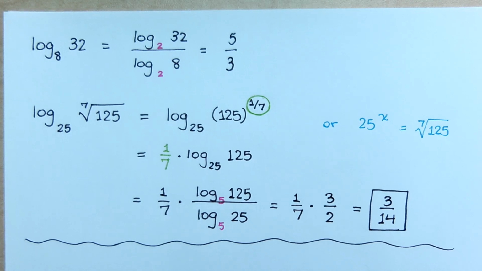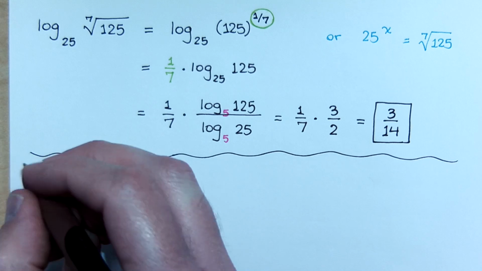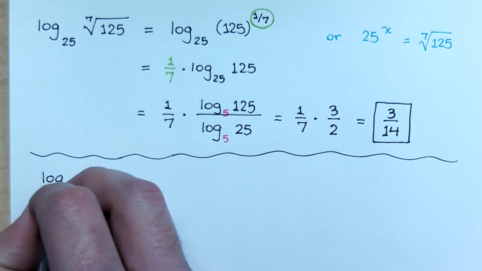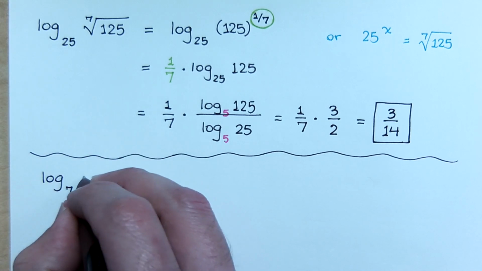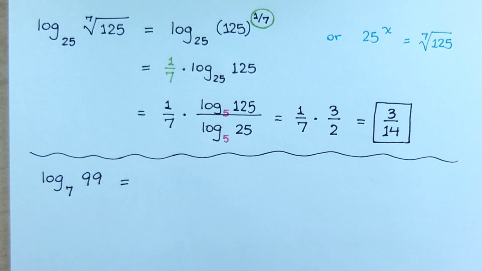Okay. Now, if you have calculators, then you can take care of something like this: log base 7 of 99. We'll pass these out for you. I got a few of these here. Share if you can.